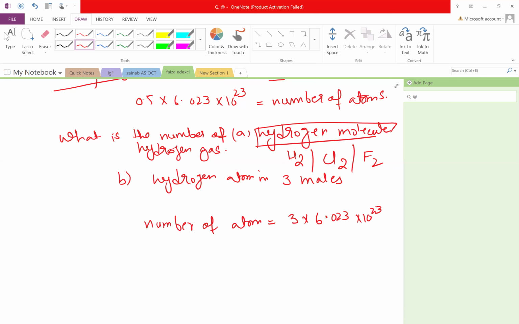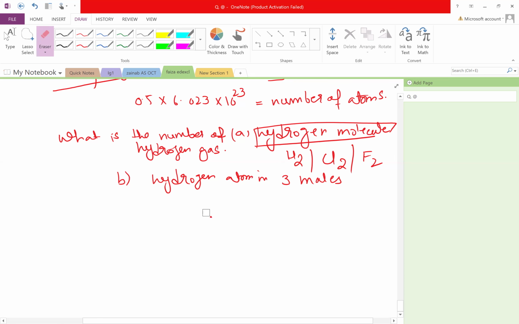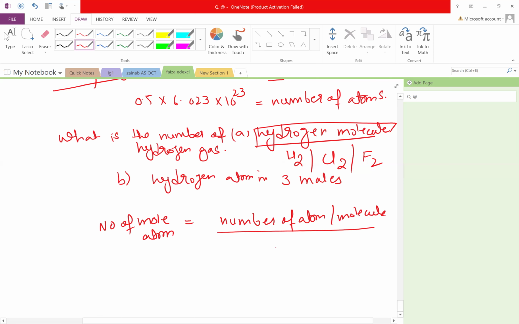Wait, can you tell me how you are multiplying 3 into 6.023? See again. Moles, number of moles of an atom is equal to number of atoms, number of particles, number of molecules, it can be particle, it can be molecule, divided by 6.023 into 10 raised to power 23.